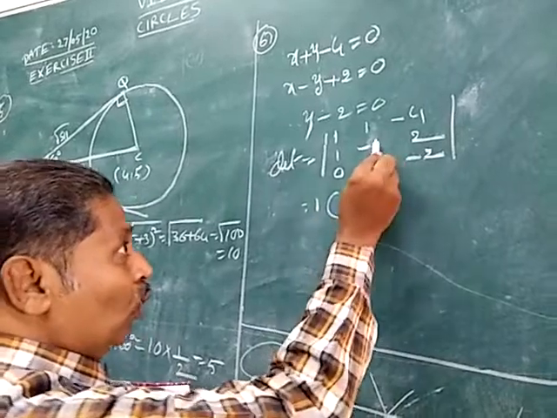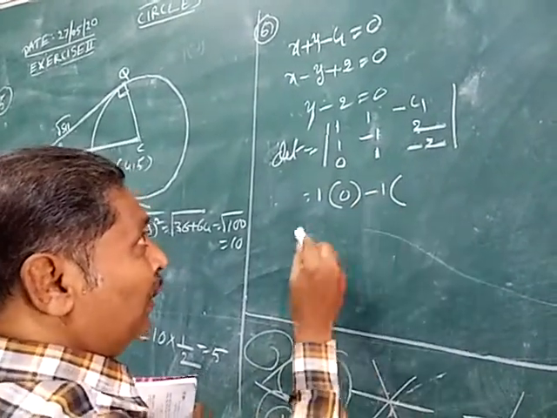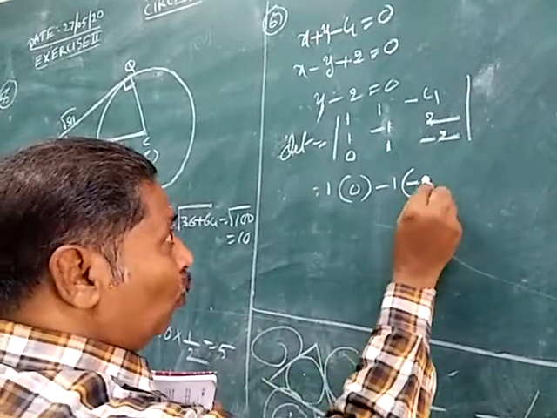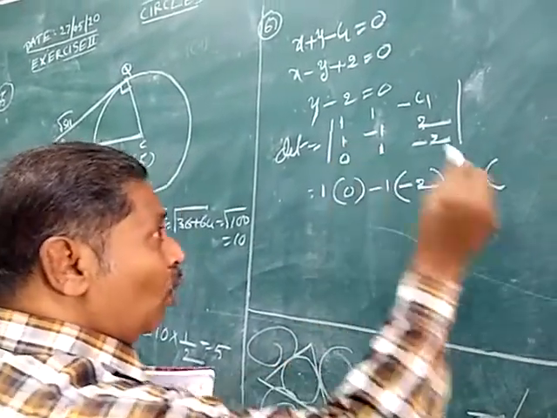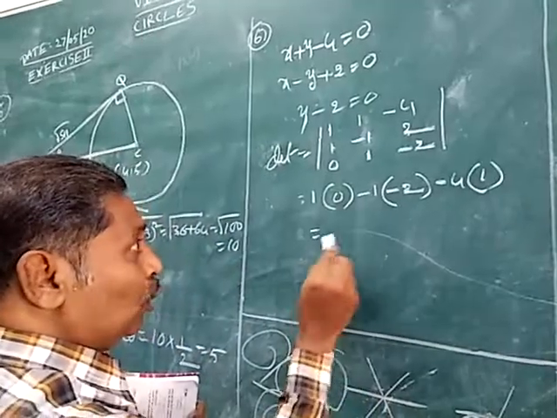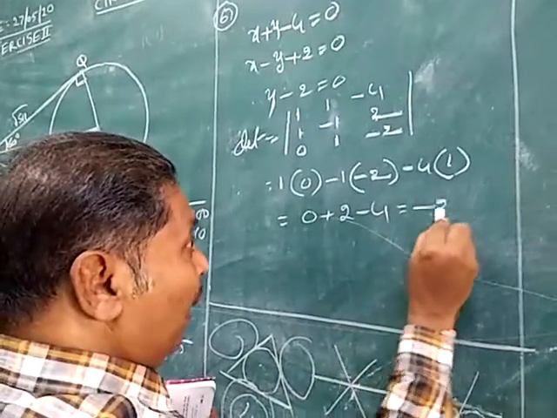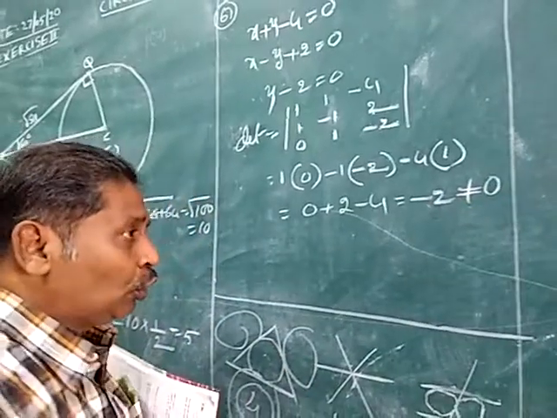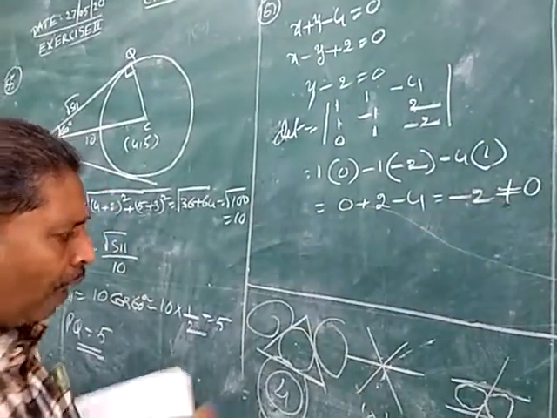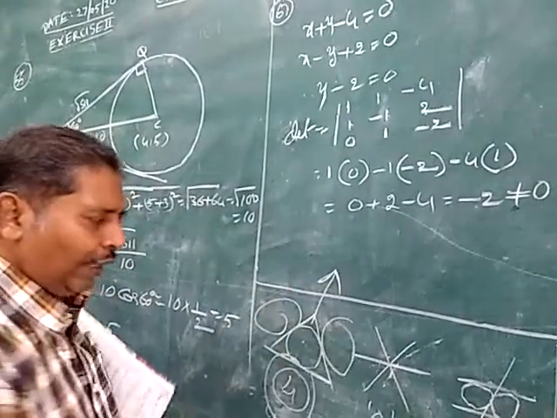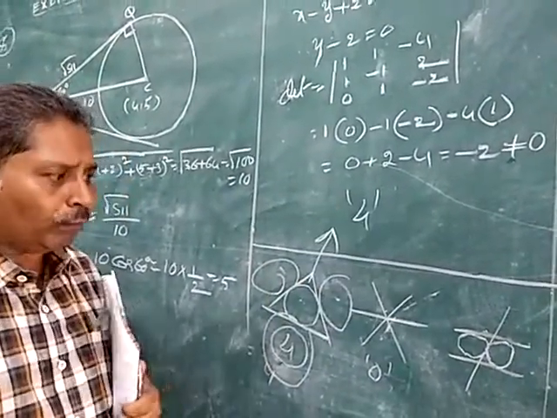So 1 into 2 minus 2, 0 minus 1 into minus 2, minus 0 minus 4 into 1. So that equals 0 plus 2 minus 4, minus 2, not equal to 0. When that value is not equal to 0, the lines are non-concurrent lines. That means the number of circles equals 4.